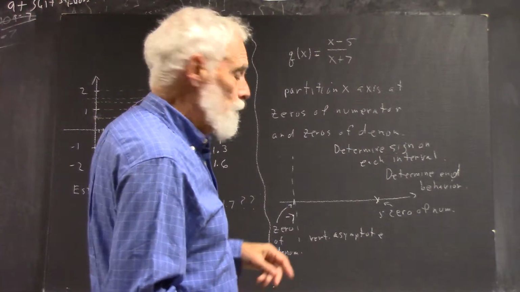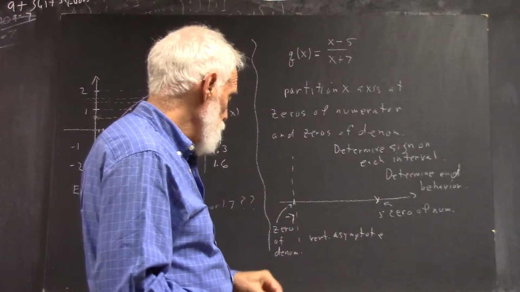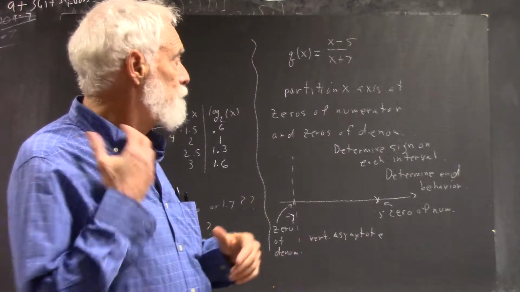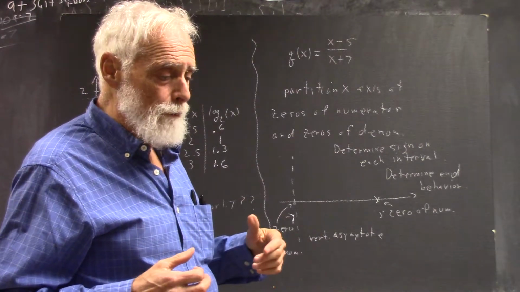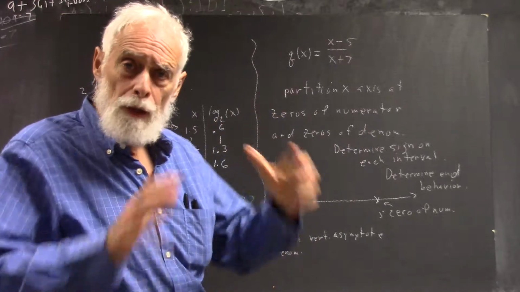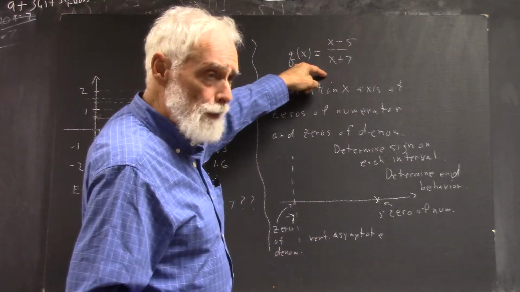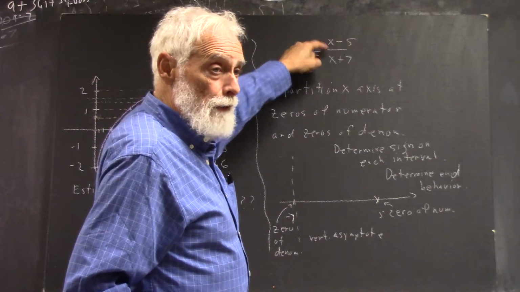And the last thing we talk about is a rational function q of x equals x minus 5 over x plus 7. By analogy with the polynomial, you're going to find the zeros of x minus 5 and x plus 7. And the zeros are going to be at 5 and negative 7.